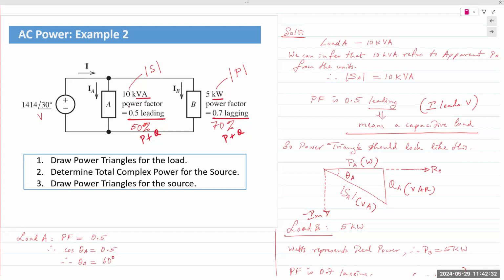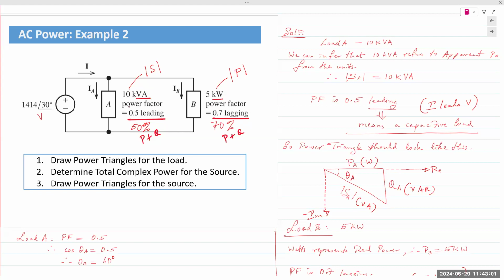Now, if we have the angle, there are three sides of the right angle triangle. We need at least one side, and then we can use any trigonometric identity to manipulate those equations. Make sense? This is where the units come into the picture. Let's take watts first. 5,000 watts. K stands for unit prefix kilo, 10^3. So 5 kilowatts, 5,000 watts.